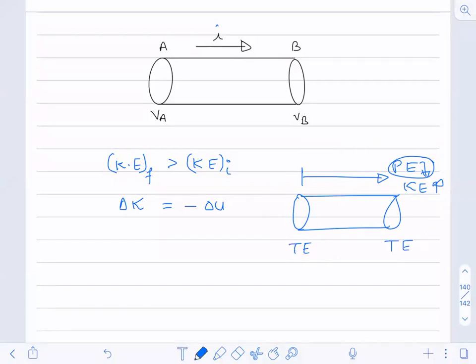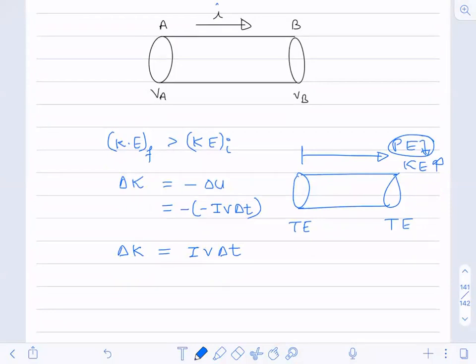Now what is the delta U value? It is minus IV delta T, so it becomes IV delta T. Now this is actually the amount of energy dissipated.